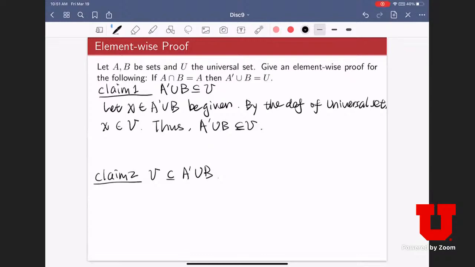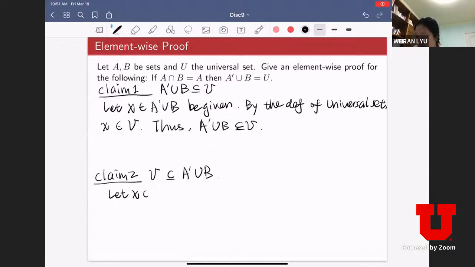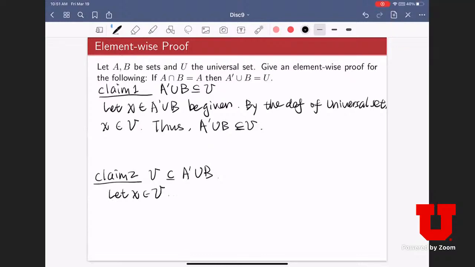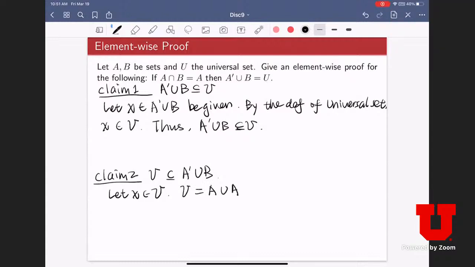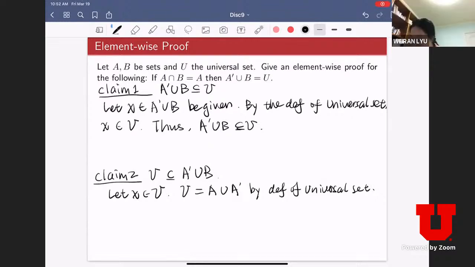Take an element x contained in the universal set, and then the universal set is equal to A union A complement, by definition. And from there, I would substitute A intersect B is equal to A to use the hypothesis. Yep.